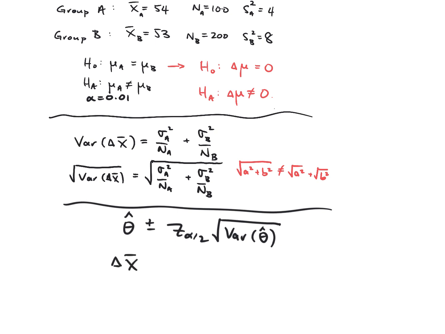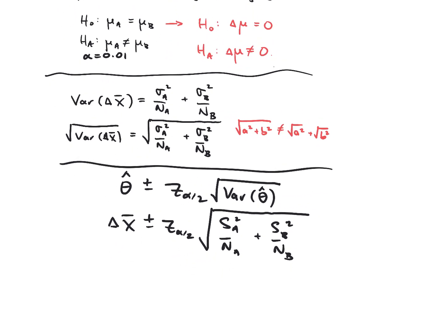So it's the difference in X bar plus or minus z of alpha over 2 times the square root of, and we'll use our sample variance in A over the number in group A plus sample variance in group B over the number in group B. And then we start plugging values into this.